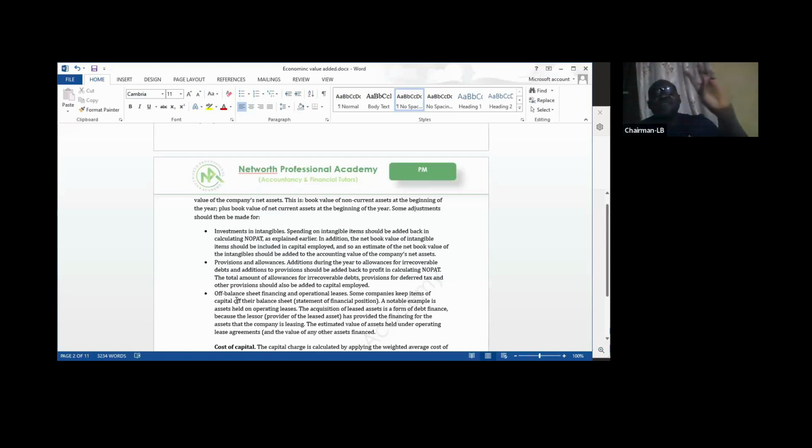You require 3 variables to calculate EVA. One is your net operating profit after tax. Bear in mind, you are trying to determine a cash profit, that cash profit that belongs to shareholders.